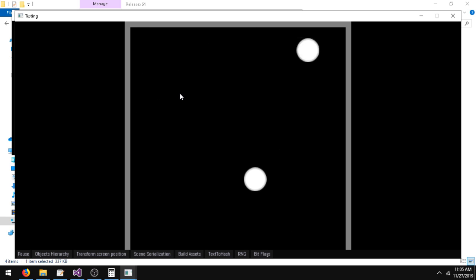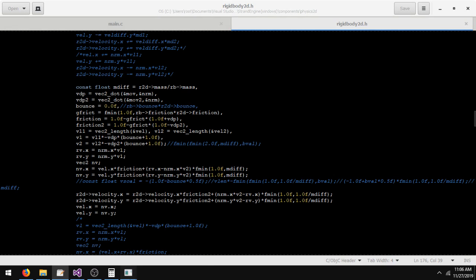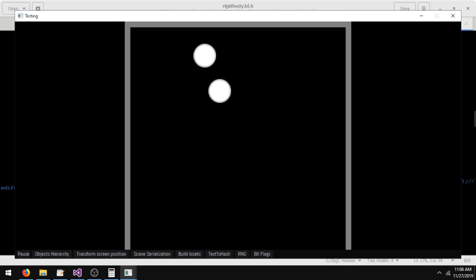I'm tempted to just keep this running to see if it ever... Yeah, so the bounce I'm thinking of, this is just transferring velocity.